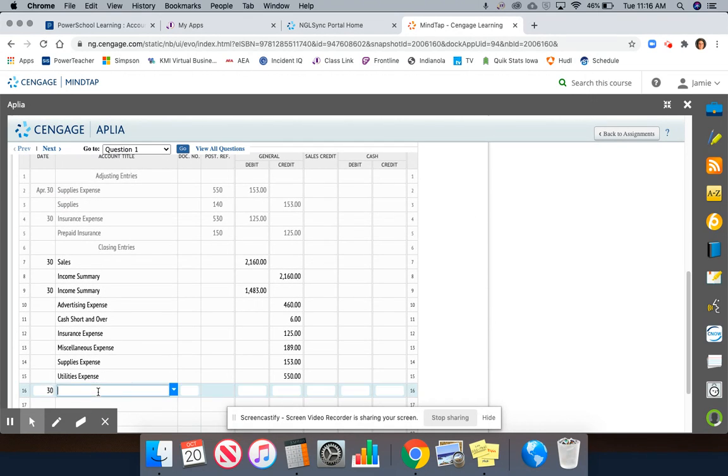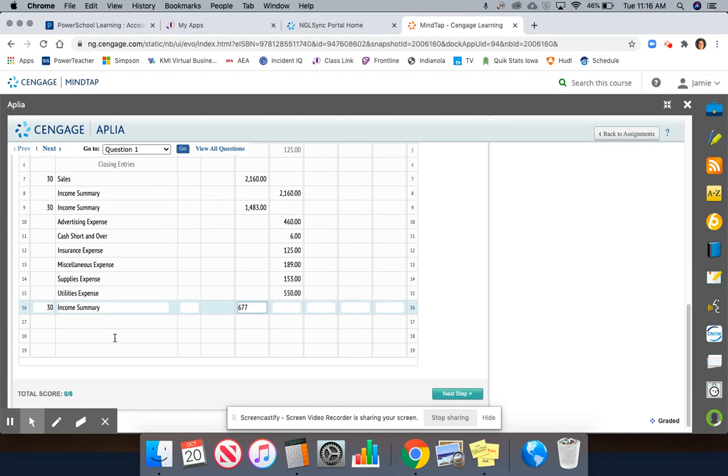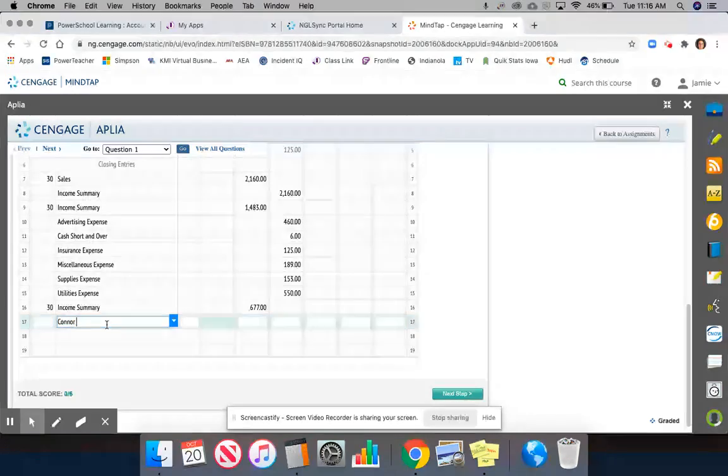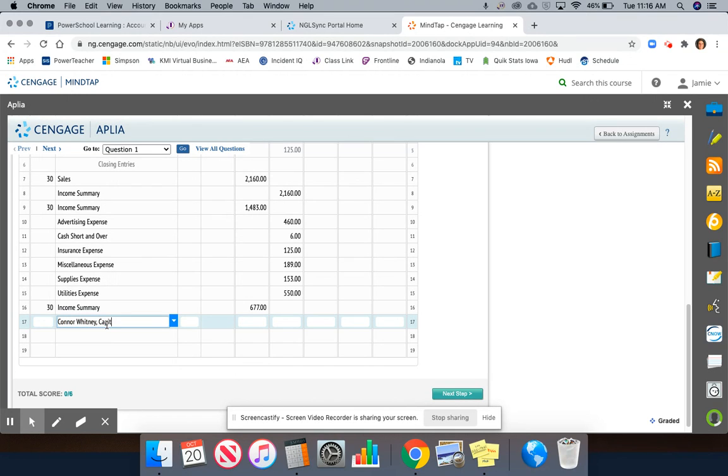So 30th, income summary, a debit of $677, because we are going to credit our capital account. So Connor Whitney, Capital, a credit of $677, with the debit to income summary. Remember, owner's equity increases with a credit because it's on the right side of the accounting equation. Net income would increase the value of our company, so we're going to credit the capital account.